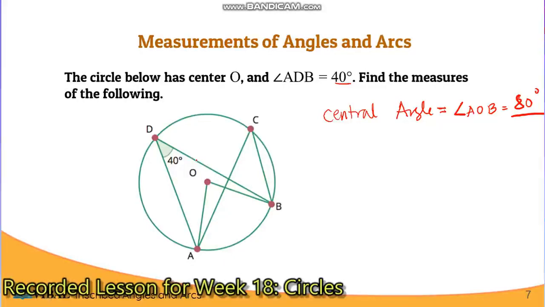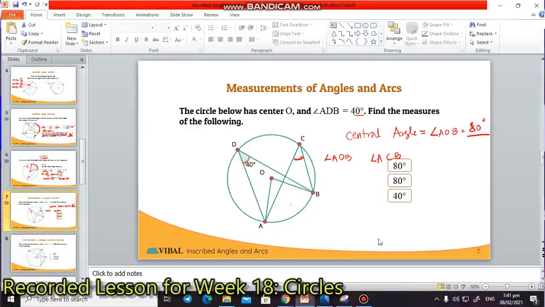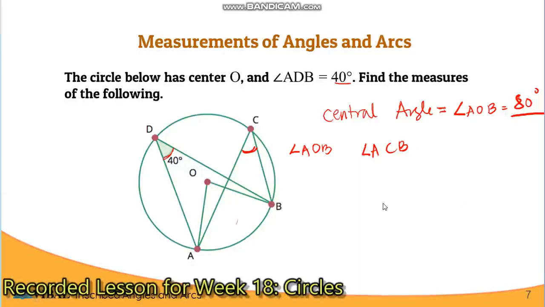Now, do these two inscribed angles lie on the same arc? You have angle ADB. Yes, your answer is yes. So therefore, these two are congruent. The two inscribed angles are congruent.